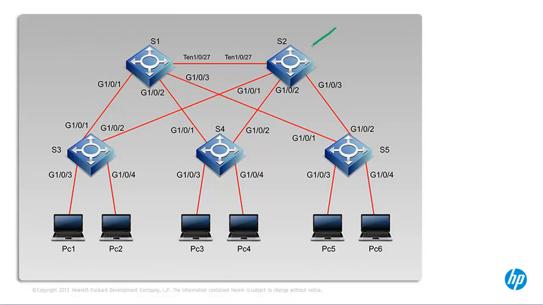But what we've done here is we've made this switch the root for VLAN 20 and the other even VLANs. So in that case, this port is the root port on switch 3. Port 2 is the root port on switch 4. Port 2 is the root port on switch 5, and this is the root port on switch 1.